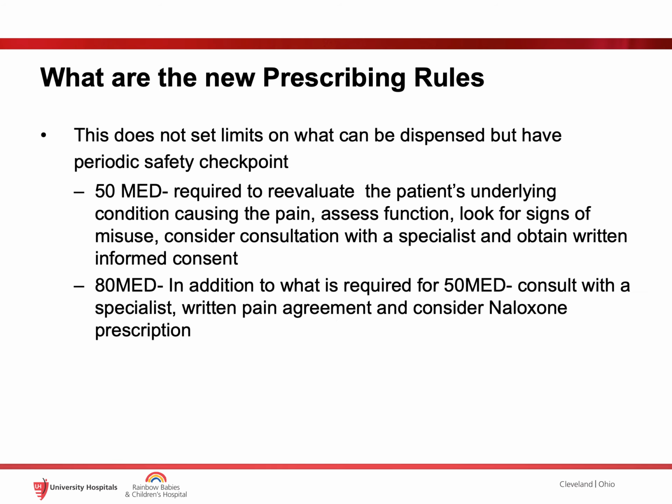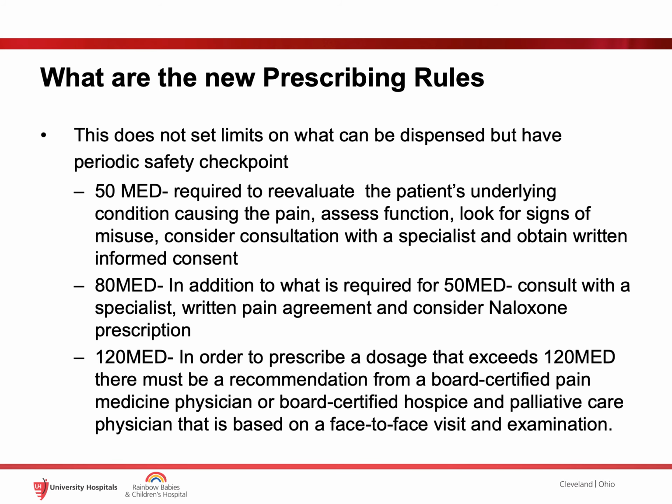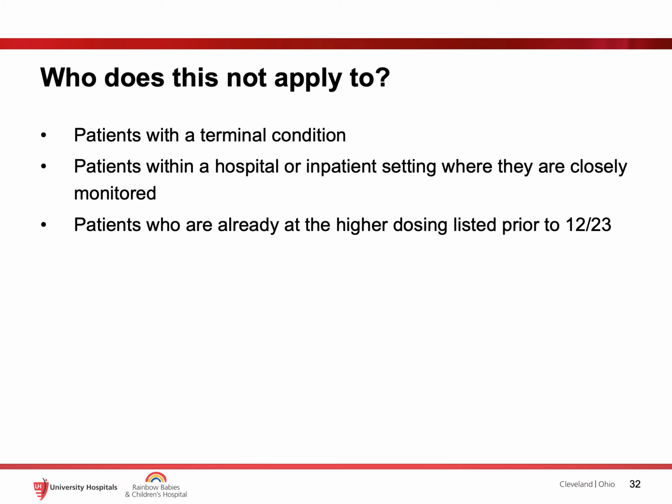At 80 morphine equivalent doses, you need to do all of that, and at 50, you then need to consult with a specialist, have an agreement, and also consider a Narcan prescription. For anyone prescribing over 120 morphine equivalent doses, it's recommended that they go see a board-certified pain medicine physician or a board-certified hospice or palliative care physician and have a real face-to-face visit and examination.